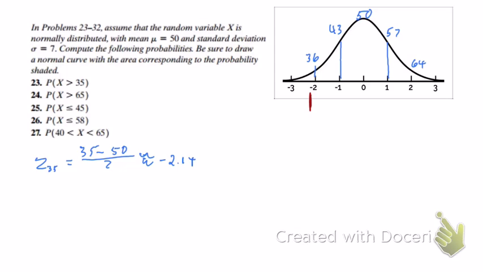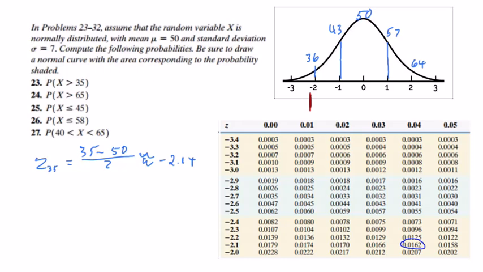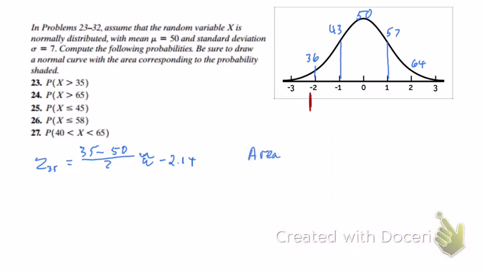All right, so I get my table out, and I'm looking for negative 2.14. And I'm getting 0.0162. So that means the area equals about that. So we're talking about that from that point up. What did I do wrong?